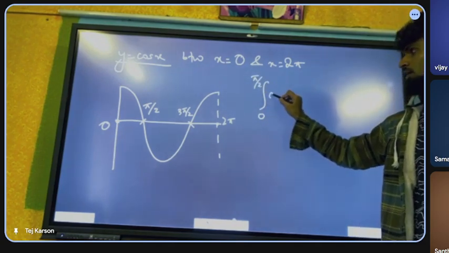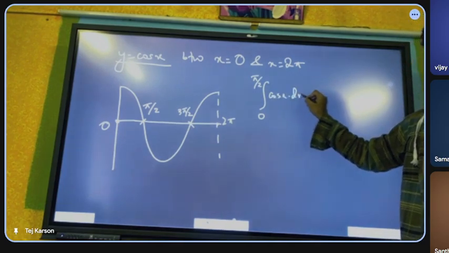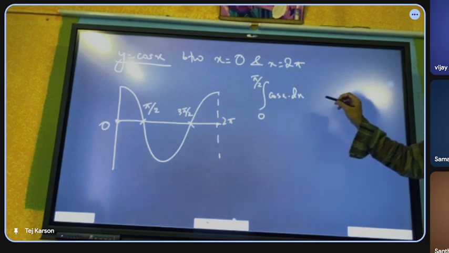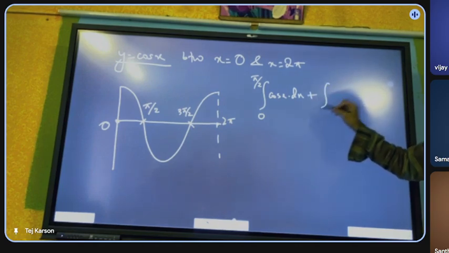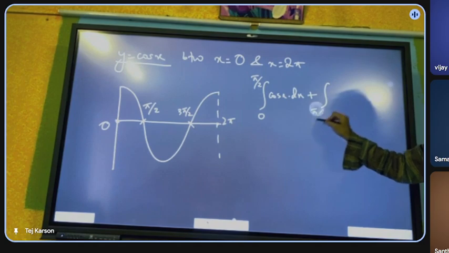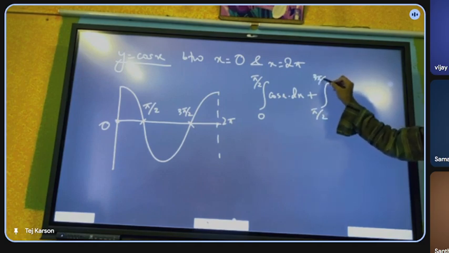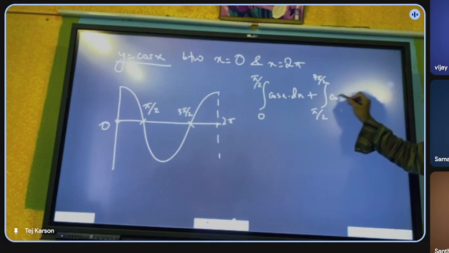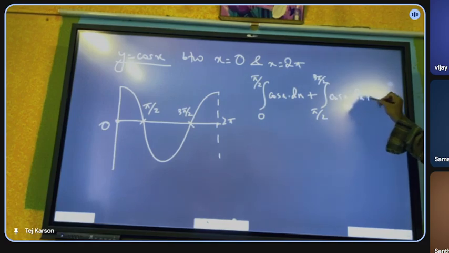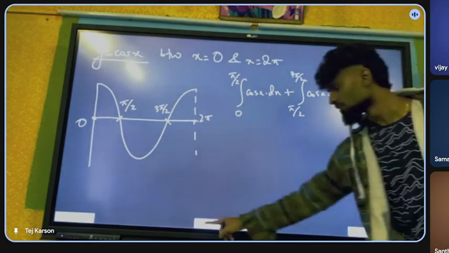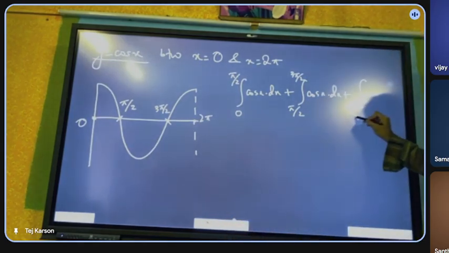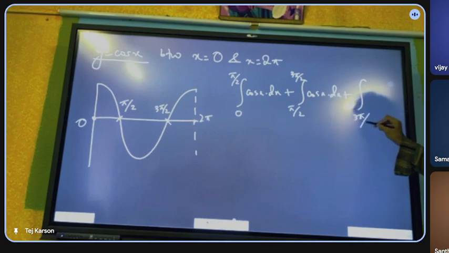Integral of cos x dx, plus or minus. Now the same function travels from pi by 2 to 3 pi by 2. Integral of cos x dx, plus the last one, from 3 pi by 2 up to 2 pi. Integral of cos x dx.